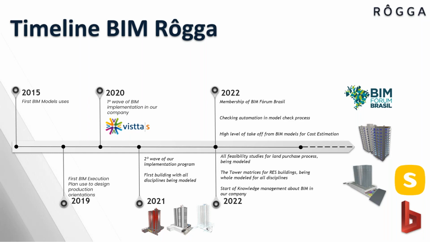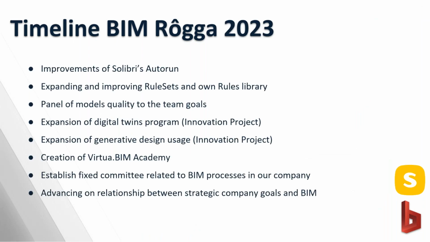And we show more about that because we have some goals for this year. So the target timeline that we have for this year in our company about BIM is looking for improvements of Solibri auto runs. We want Solibri to work in the midnight here.